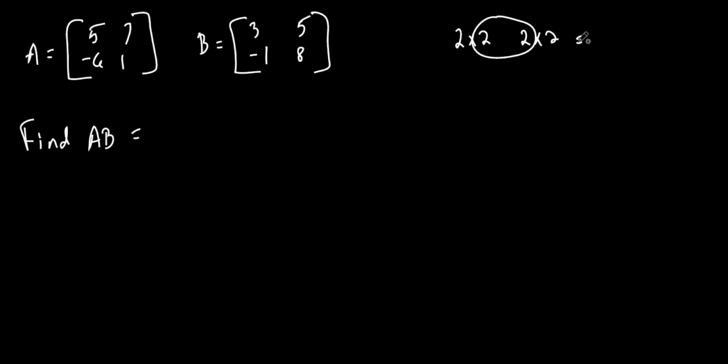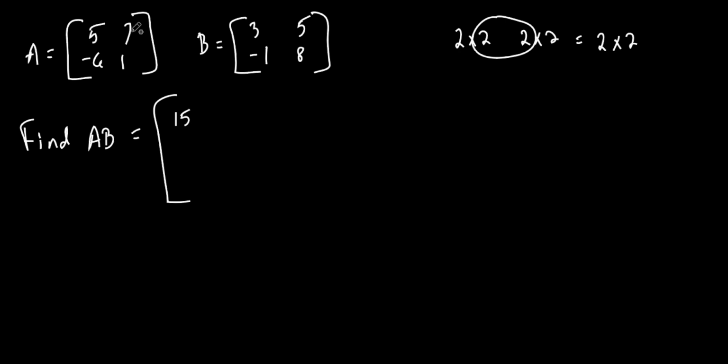What are the dimensions going to be? 2 by 2, right? So 2 by 2 is pretty easy. Yes, you can multiply them together, and your answer is going to be a 2 by 2. All right? Everybody with me? So what are we going to do? We're going to multiply across here and then down here. But what do we do in between the multiplications? We add them together, right? So I'm going to go 5 times 3, which is 15.